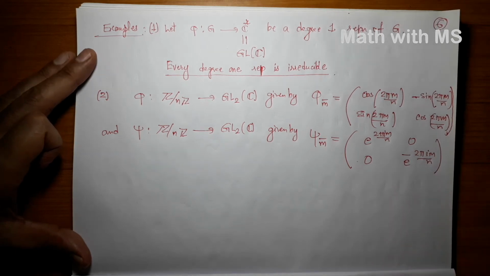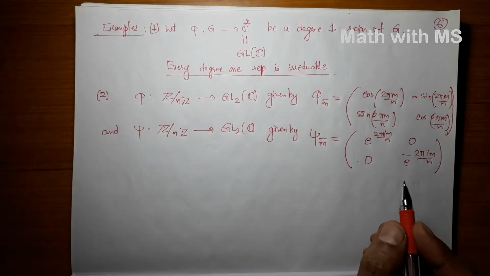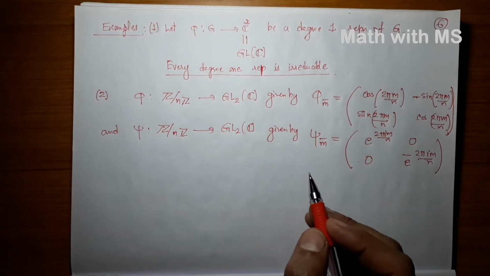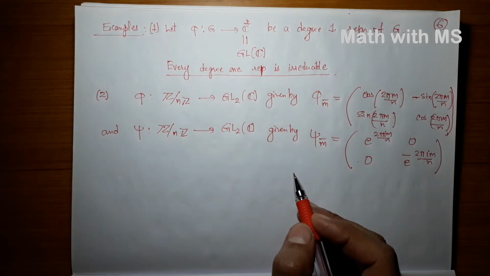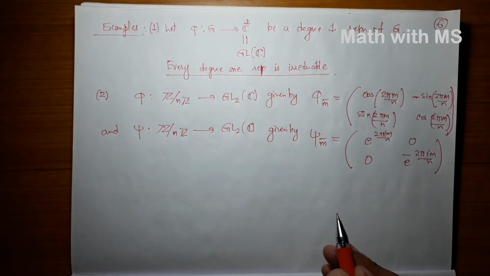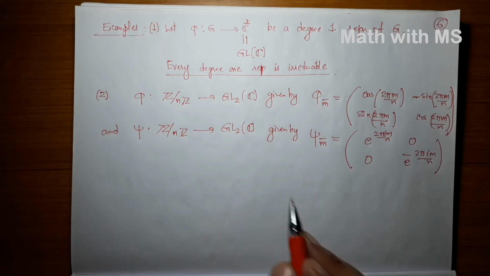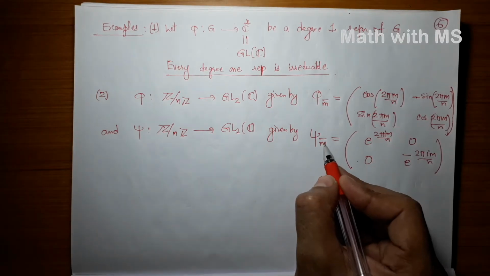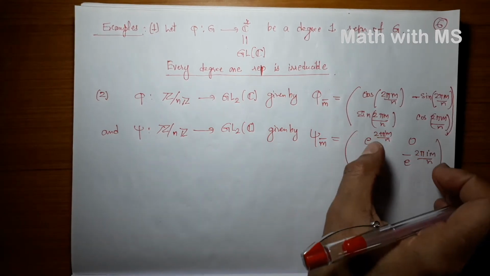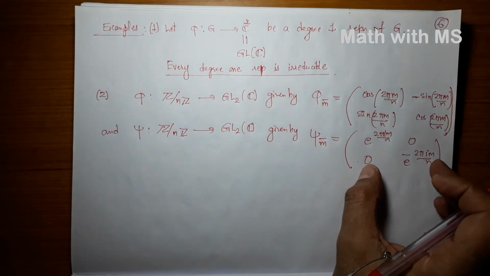Look at these two degree 2 representations of the cyclic group of order n. We showed earlier that they are equivalent representations. Before proving a general fact that equivalent representations behave the same way, that is, if one is irreducible the other is irreducible, let us check them independently. We already showed that psi certainly has invariant subspaces because it's a block matrix.